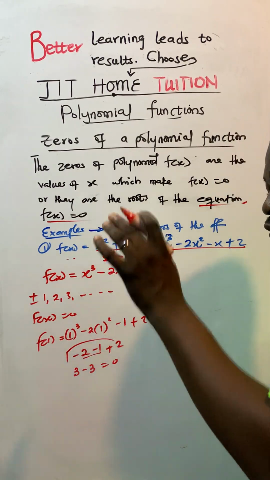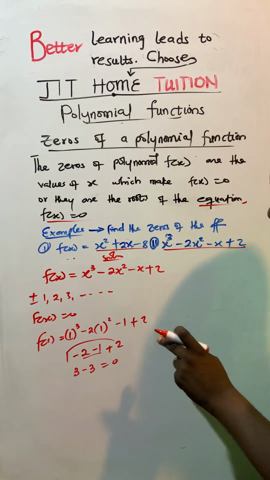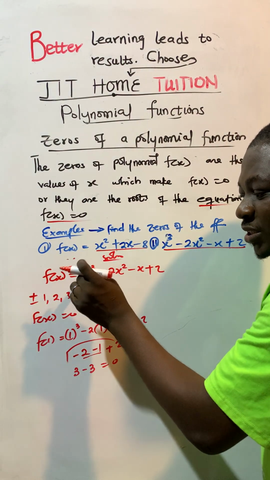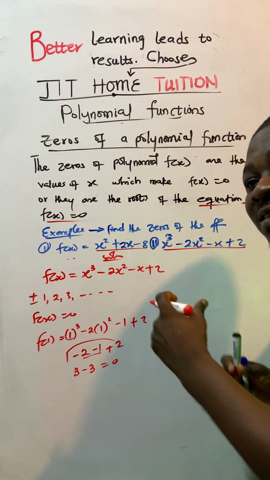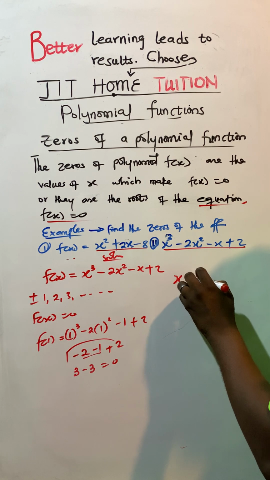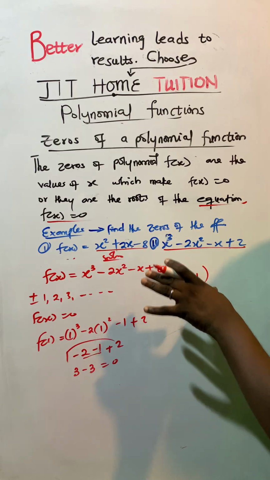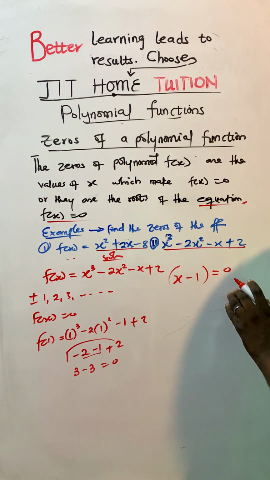Meaning that, if you watch our video on the factor theorem, the number that will make the function equal to 0, for you to write it as a factor, it has to be x minus 1, which is a factor. Because what we usually do is that the factor that you have, you equate it to 0.